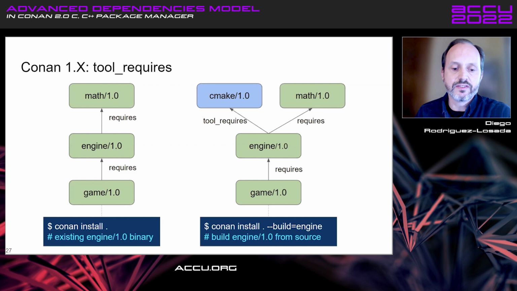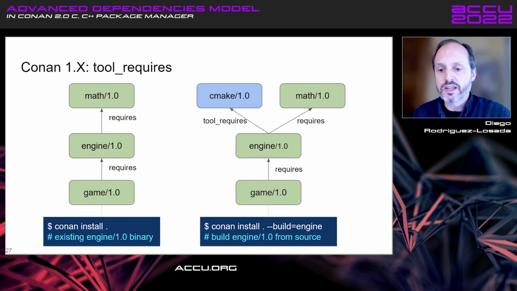In this case, if you are installing the game package, for example, and it is able to find a precompiled binary for engine, it doesn't need to build engine from source. And as it doesn't need to build engine from source, then the tool required for engine doesn't exist at all in the graph. So we have what we have in the left side here, that's the full dependency graph. CMake doesn't exist at all in this instance of the dependency graph.